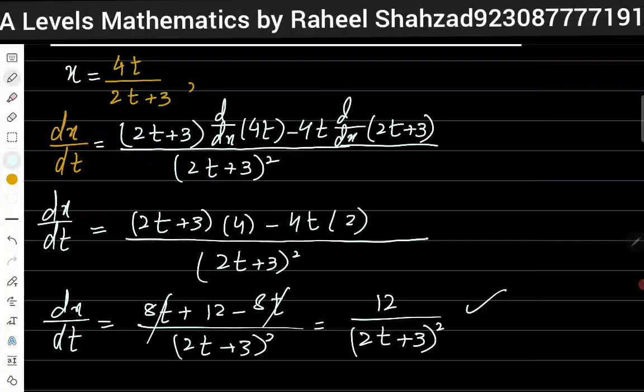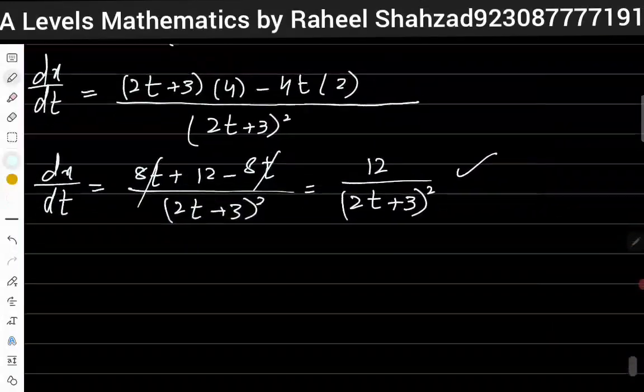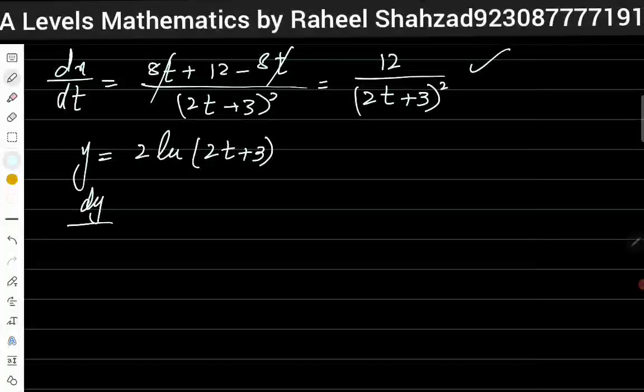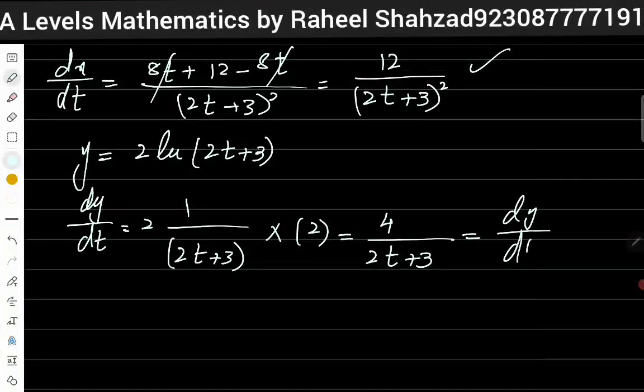And similarly, y is 2 natural log of 2t plus 3. So dy by dt is equal to 2, the derivative of natural log is 1 divided by 2t plus 3, into the derivative of the angle, that makes it 2. So it's 4 divided by 2t plus 3. This is your dy by dt. So we have dx by dt and dy by dt.